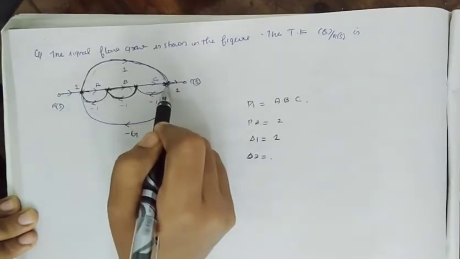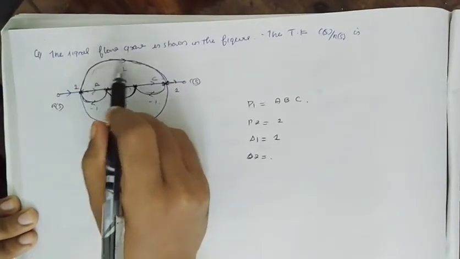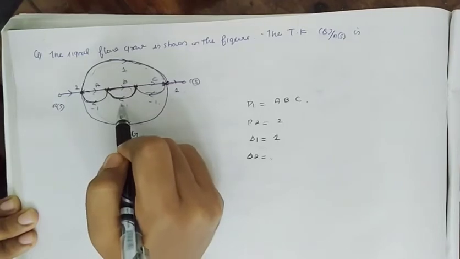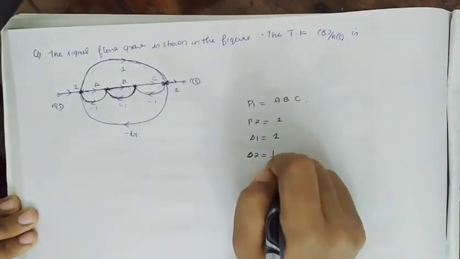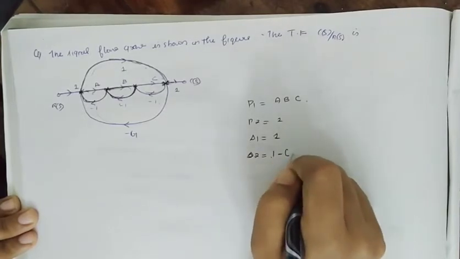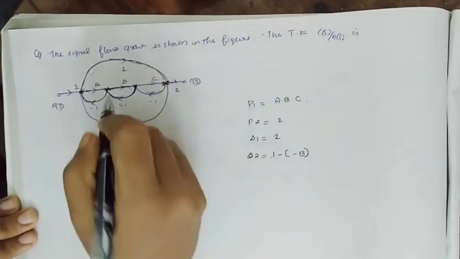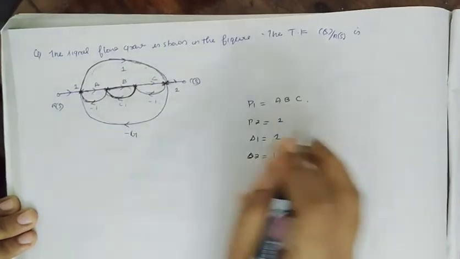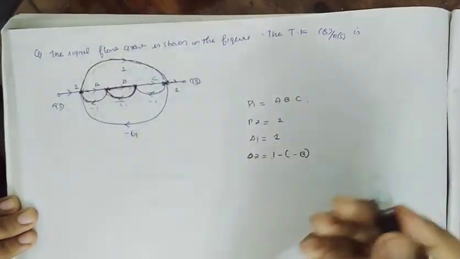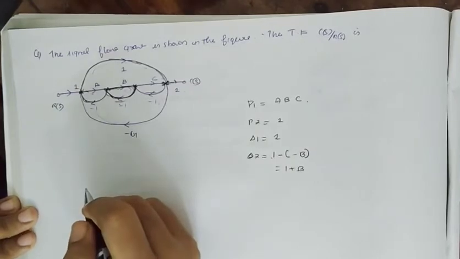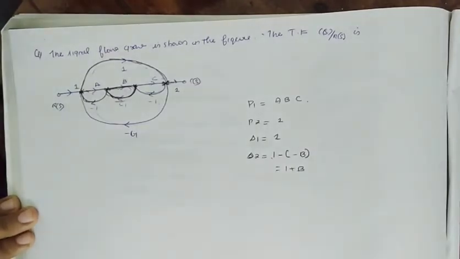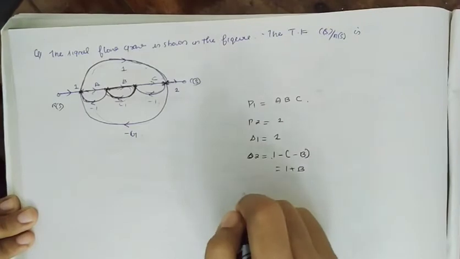That is, there is no common node. That means this forward path and this loop are not touching each other. So I can write delta 2 is equal to 1 minus of minus B. The loop again is minus B. Okay, so 1 plus B. Okay, got it.